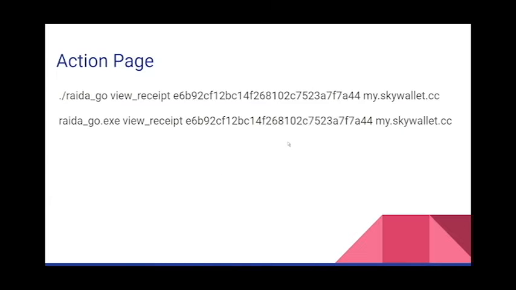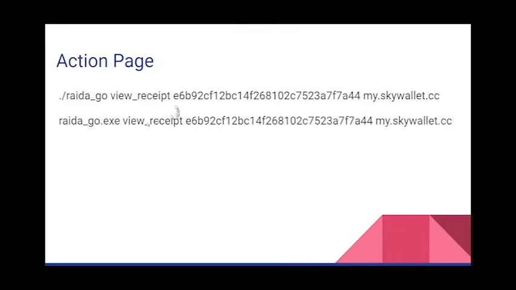And then we have the action page, which can be written in any kind of language you want, Ruby, Node.js, Java, PHP. But the main thing it does is it calls an executable. And so this is a command line argument. The top one is for Linux. This is a command line argument for Windows. We see we've got a rada_go.exe.